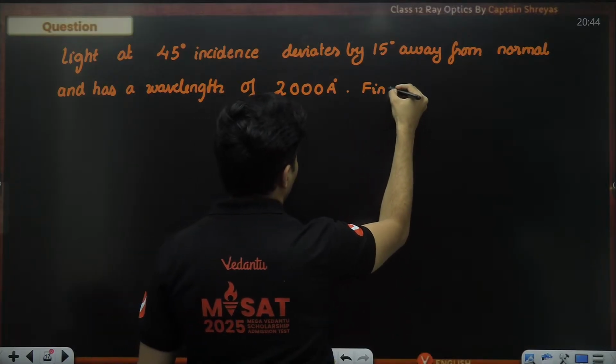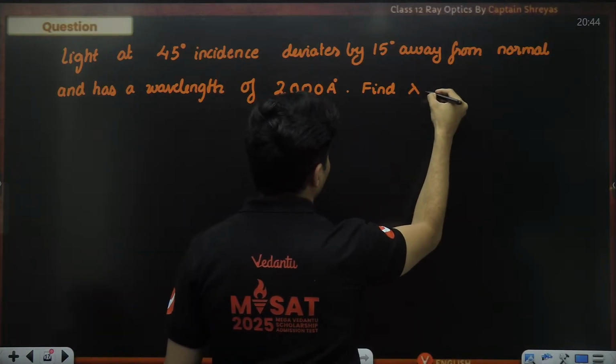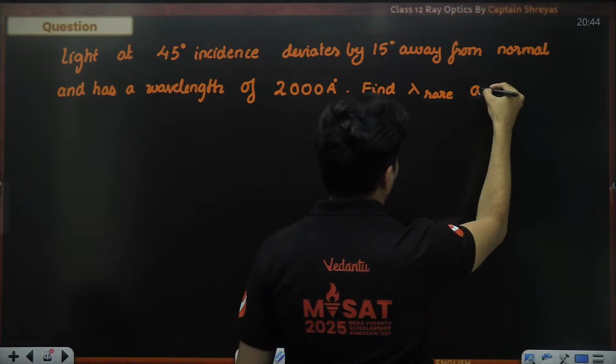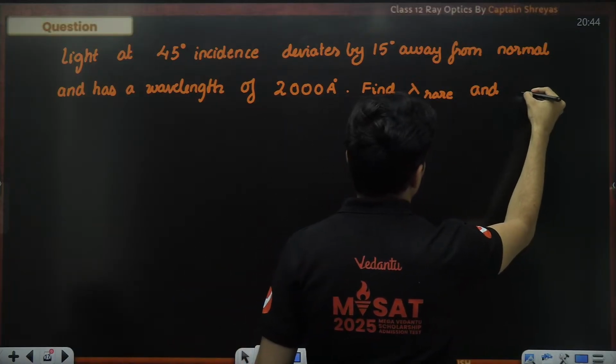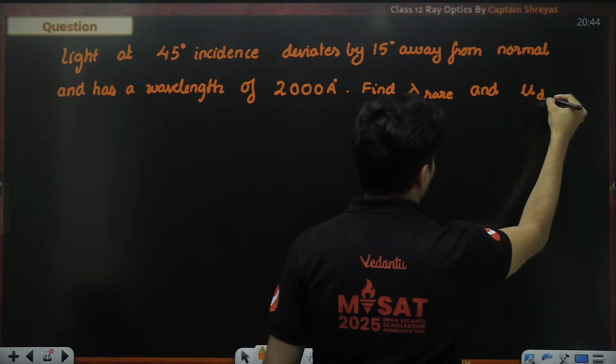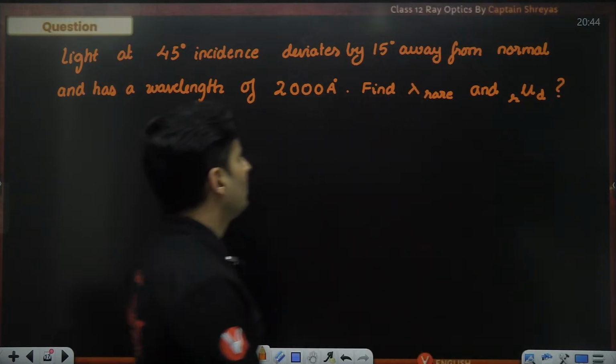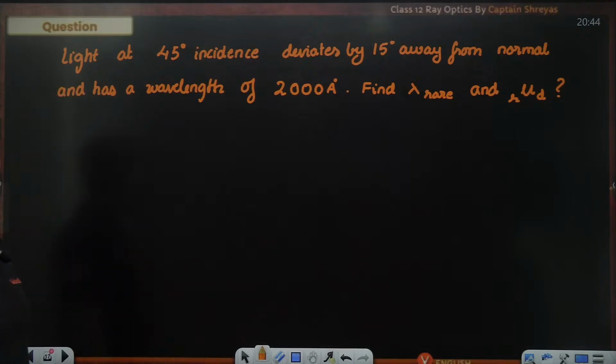Question is, find the wavelength in the rare medium and the refractive index of the dense medium with respect to the rare medium. Both the things we have to find out.